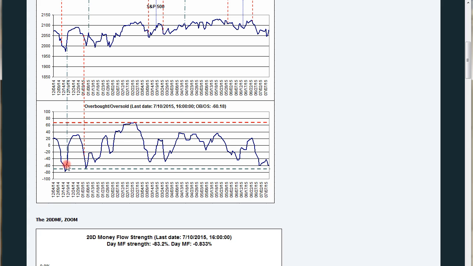A bought protected 30 is when the signal, for example here, dips below the minus 30 level, but does not drop below the minus 70. It means that when it gets past the minus 30, then it will issue a buy signal here. This was not the case here, of course.